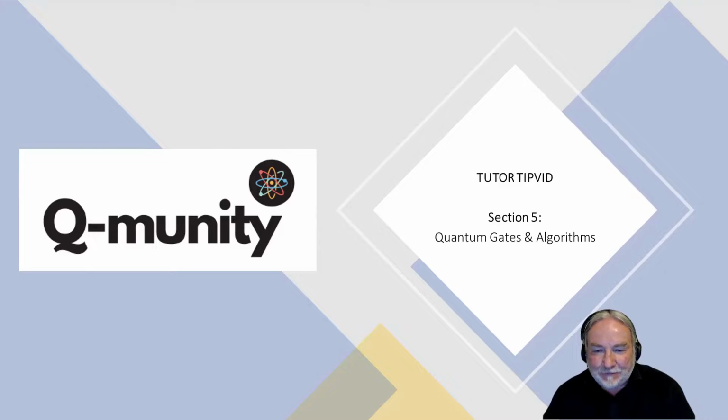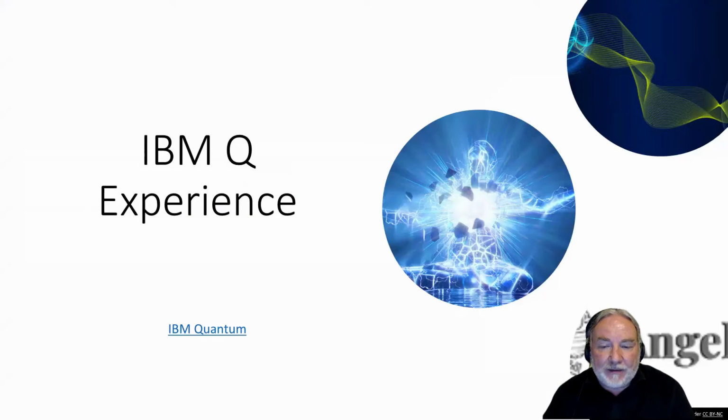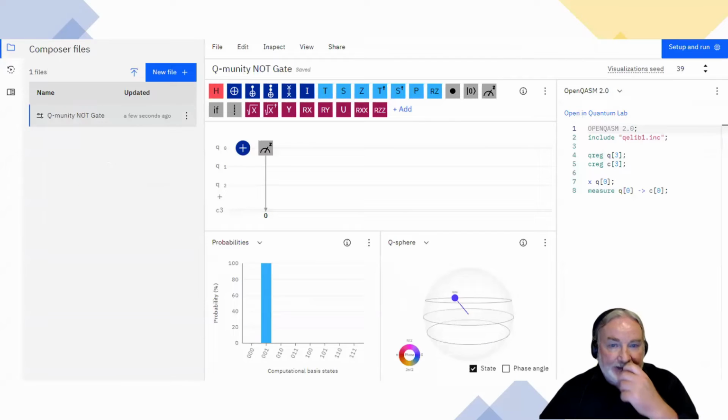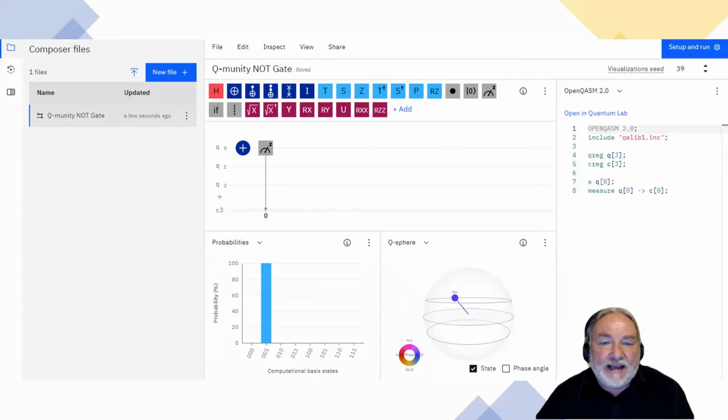Okay, let's go. I'm going to get onto the IBM Q experience. When you log on, this is what you come up with, and you just enter your details in. And what I did was I dragged down a couple of these gates. So if you look in the middle of the screen, you can see that I've got a qubit, my qubit 0, the horizontal lines are qubits.